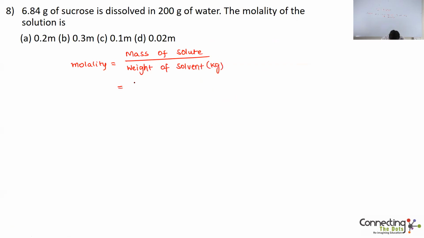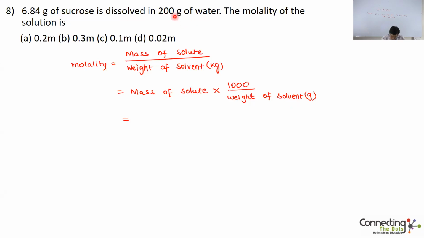Or you can say mass of solute multiplied by 1000 by weight of solvent in grams. So it is nothing but mass of the solute is given in the question. Mass of solute is nothing but 6.84. So solute is nothing but which is present in lesser amounts. Solvent is something which is present in higher amounts. So sucrose will be the solute and water will be the solvent.